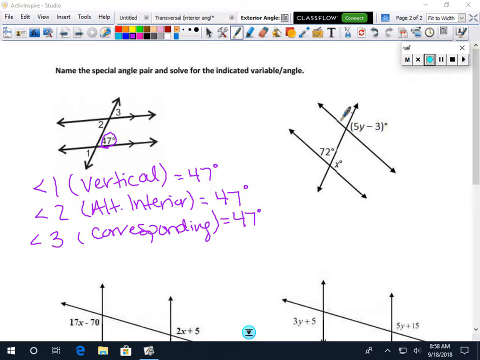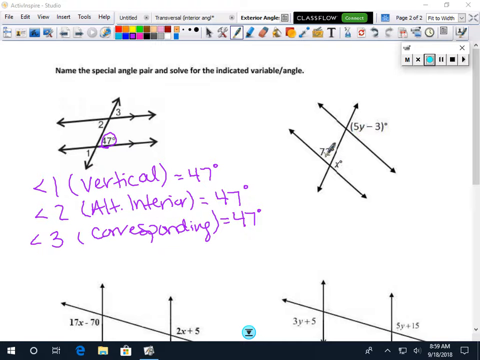Looking at the next example here, in order to solve for both variables, I'm going to find x first because x and 72 are a linear pair. They make a straight line here. Once I find x, I can use x to figure out y.